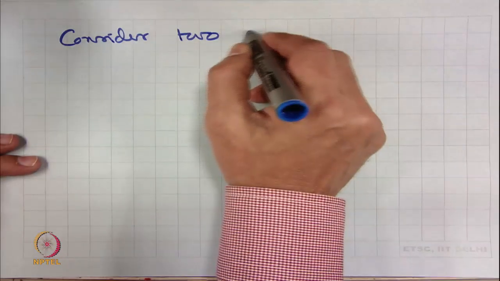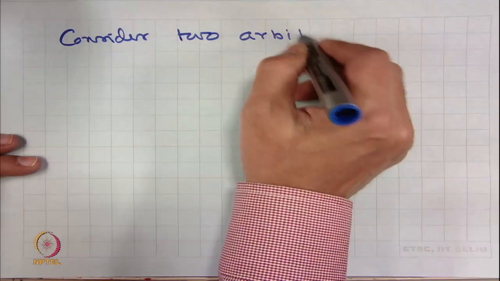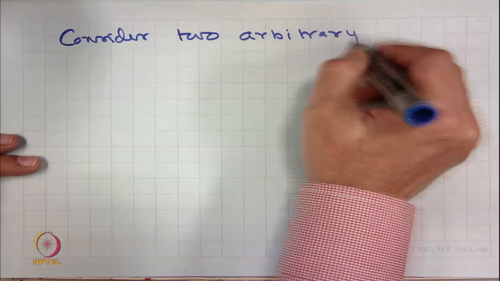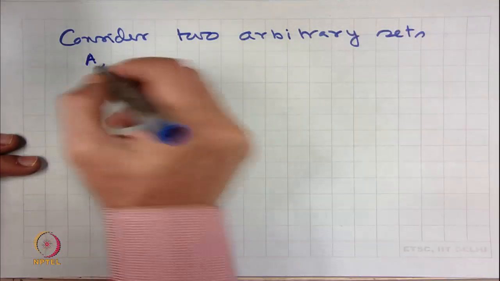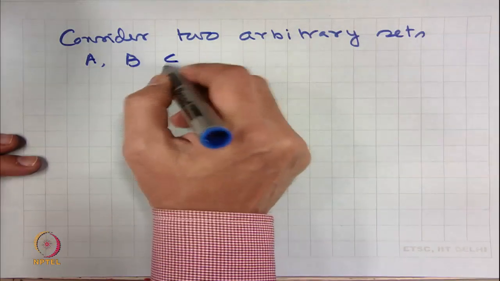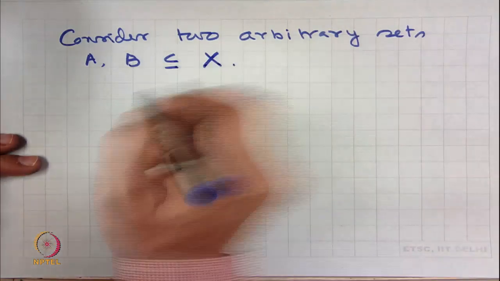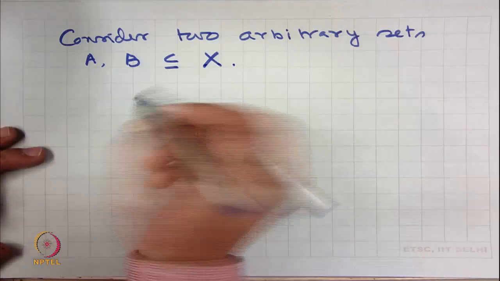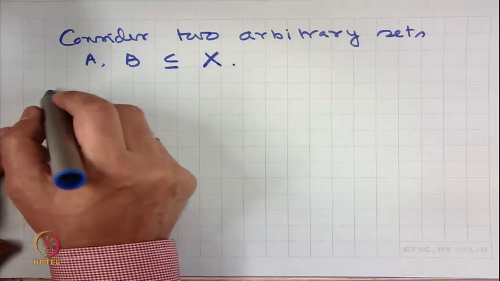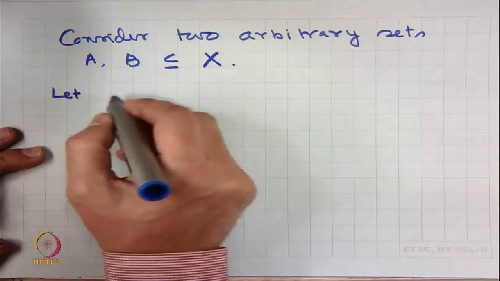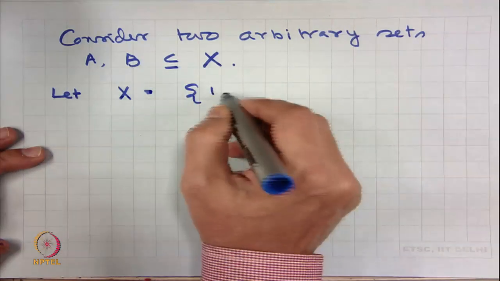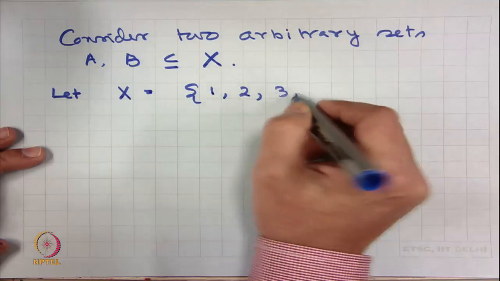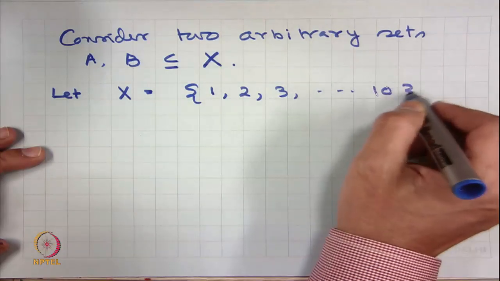Consider two arbitrary sets A, B, which are subsets of the universe X. Let X equal to say 1, 2, 3 up to 10.